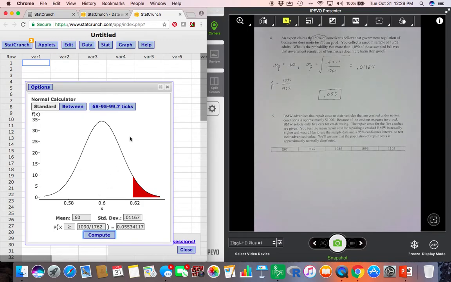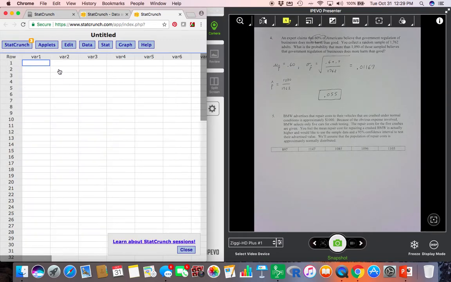Well, gang, what I'm going to do here is type these numbers into the first column. So 897, 1147, 1085, 1096, and 1105.